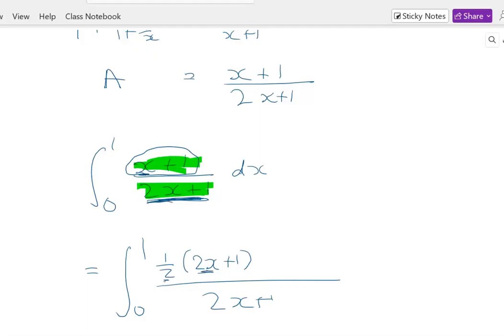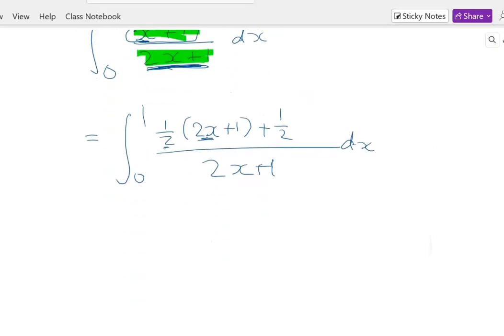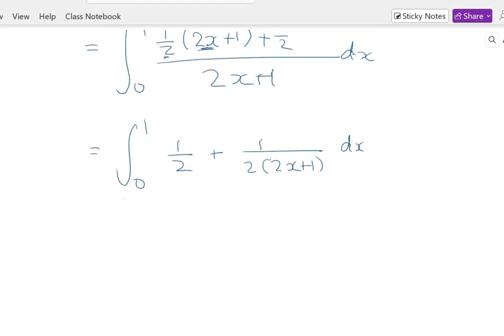So if we expand that out, we get x plus a half, but we want plus 1, so we need to add in another half. But you can see now that this has collapsed down to like a merit level 3 problem, because we've got 1/2 plus 1/2 over 2x plus 1 dx.